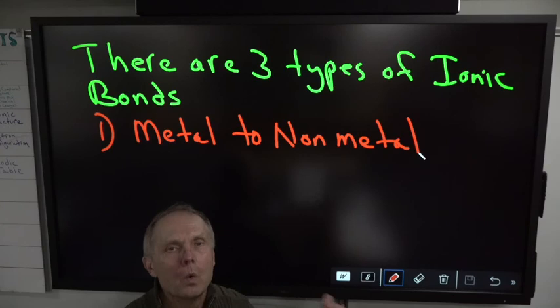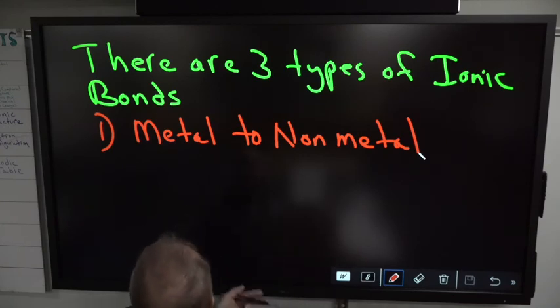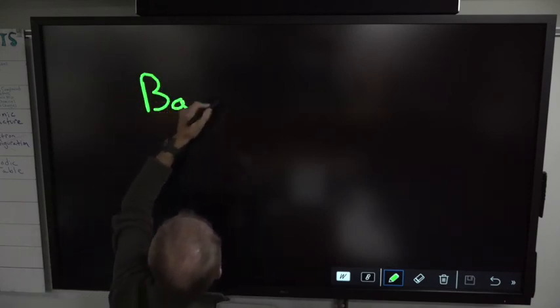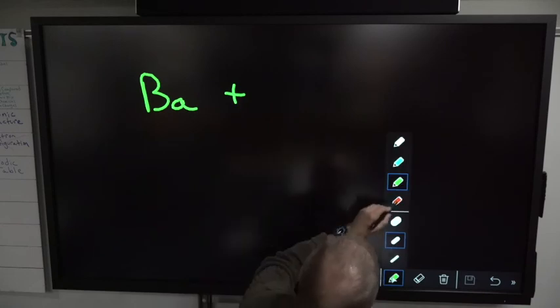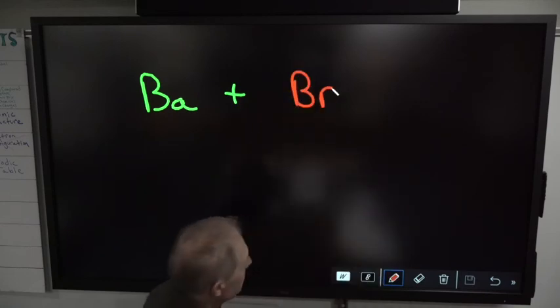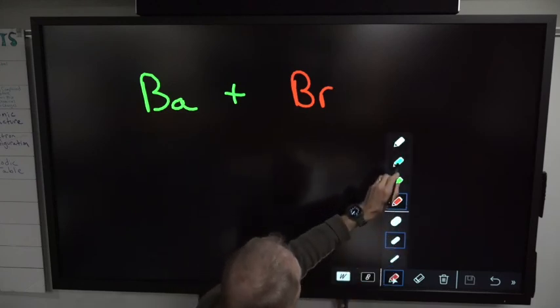And then we're going to go to the next one. So, for the first example, under metal to nonmetal, we're going to do Ba plus Br.